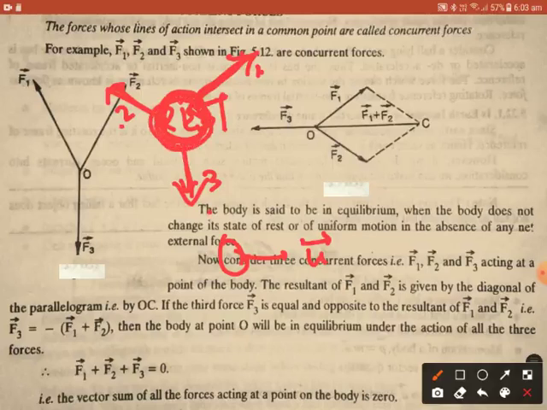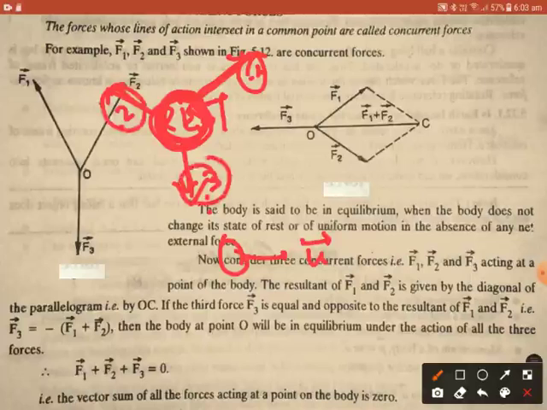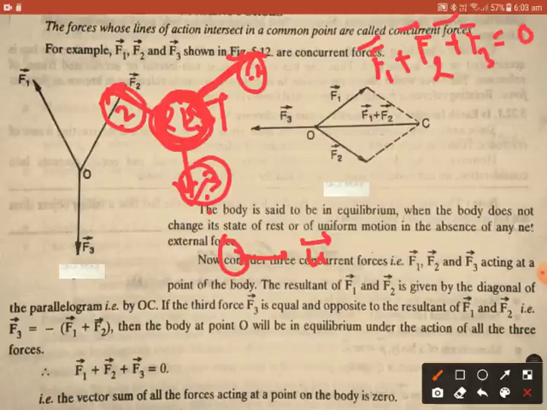Then the condition is what? The algebraic sum of these three forces, F1, F2, F3, will be equal to 0. That means these three forces can represent the three sides of a triangle taken in order.